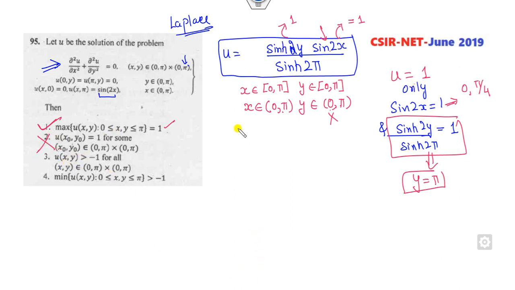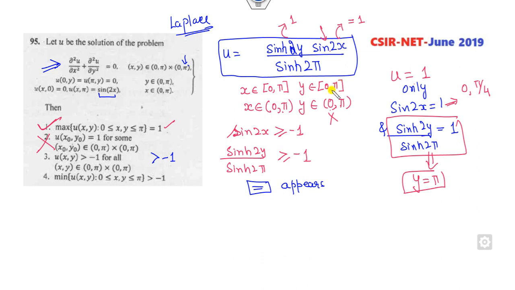U of x comma y is greater than minus 1 when it's an open interval. Fine. Sine of 2x is greater than or equal to minus 1. Fine. Sine hyperbolic 2y over sine hyperbolic 2 pi is also greater than or equal to minus 1, but if you look at that, this is strictly greater than minus 1.